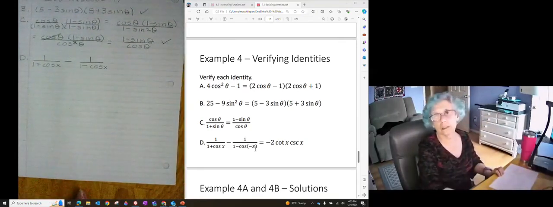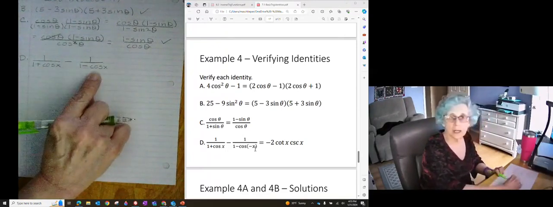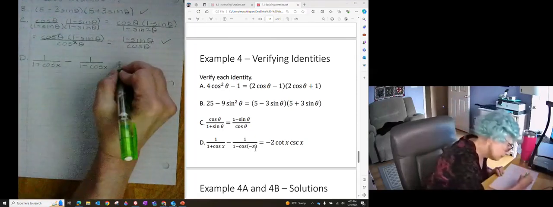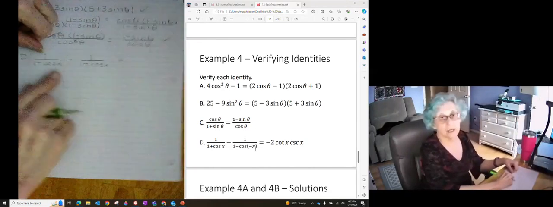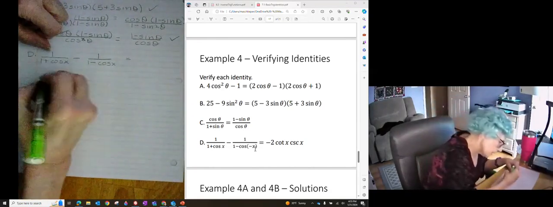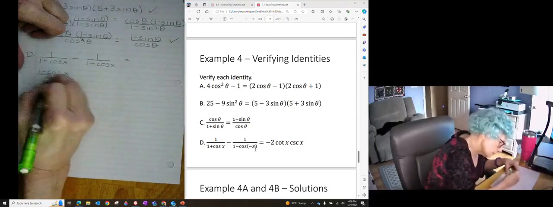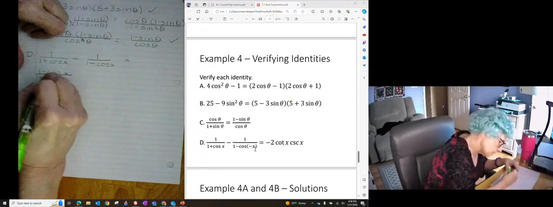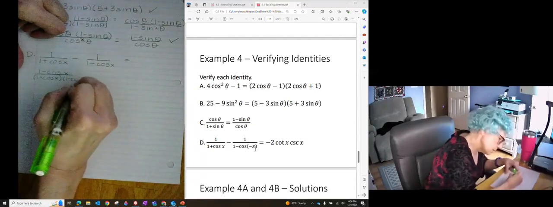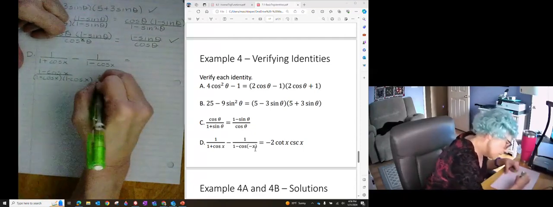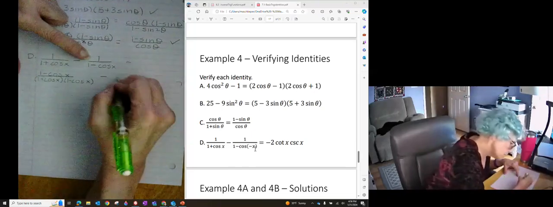I want a common denominator. So it's got to have 1 plus cosine of x, and it's got to have 1 minus cosine of x in it. So I'll multiply this by 1 minus cosine of x over 1 minus cosine of x. I get 1 minus cosine of x over my common denominator, 1 plus cosine x, 1 minus cosine x, minus, now I multiply this one by 1 plus cosine x over 1 plus cosine x.